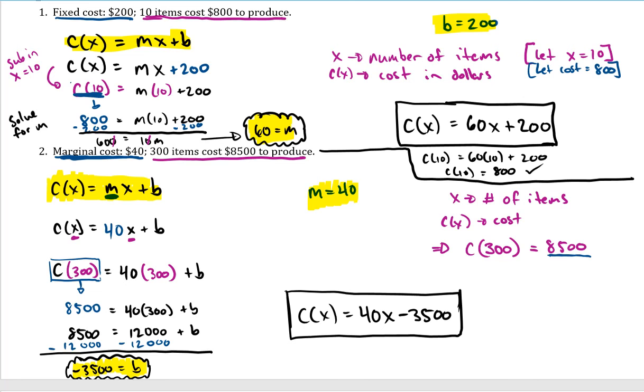Now, with this problem, there is something weird going on. So we did everything right, but because this is an abstract problem, it wasn't a real word problem, it was just to set it up. When this happens, a real-life application should never have a negative fixed cost.